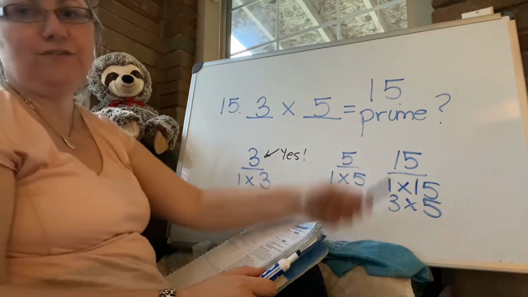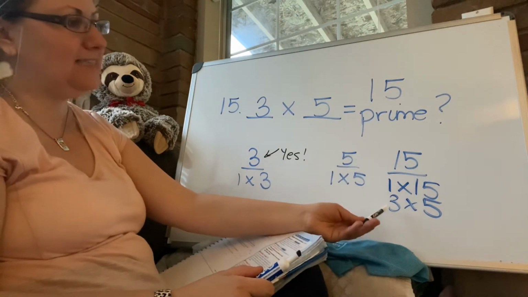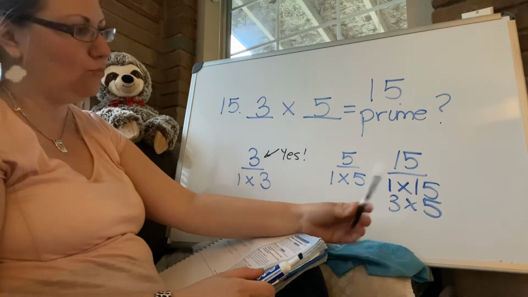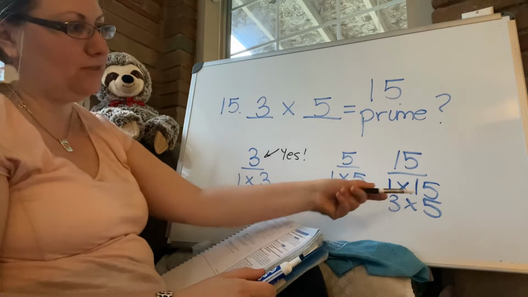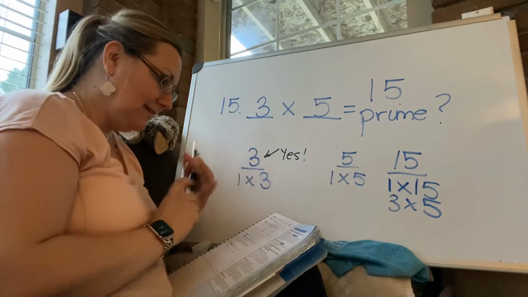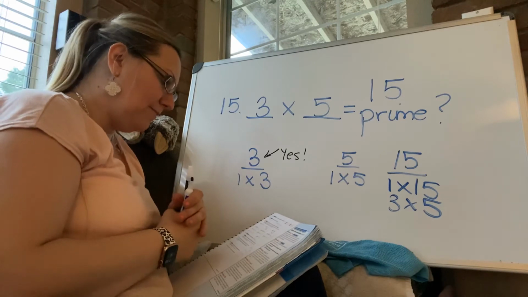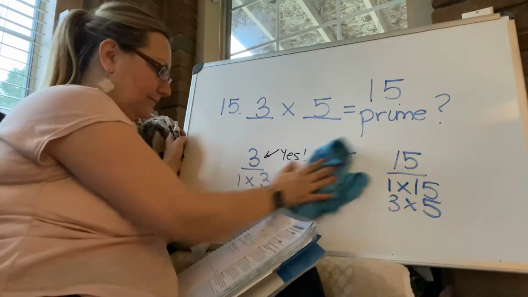So, is 15 a prime number? Nope. 15 is a composite number. It has more than 2 factors that can be multiplied together to make 15 as its product. So the answer to number 15 is no. And we could just leave it at that.